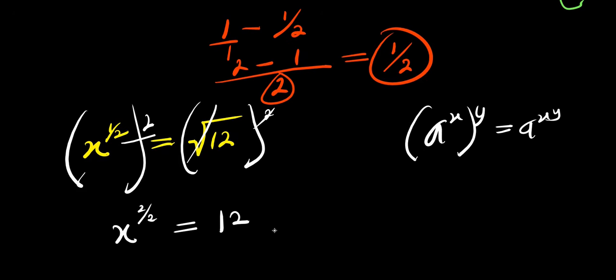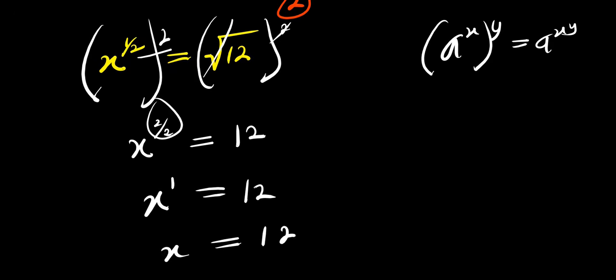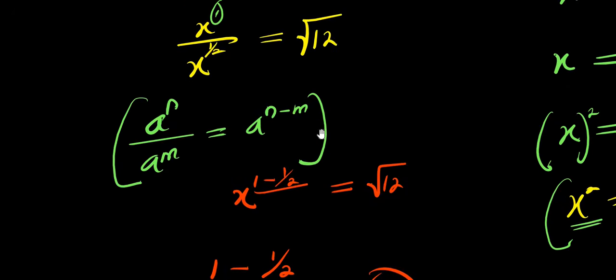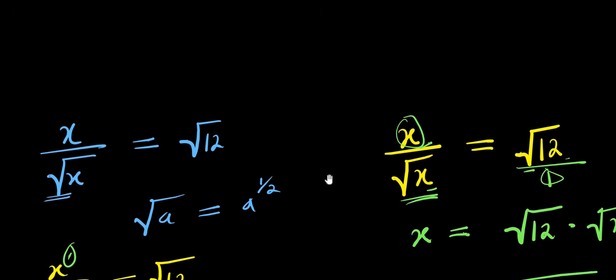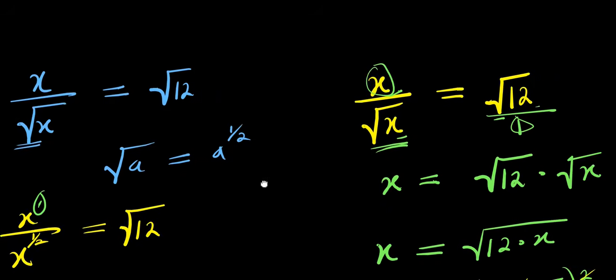And from here, 2 over 2 is 1, and we have x power 1 equals 12, meaning that x equals 12. Now, as you can see, in any of the methods, we are having the same solution. So this is how you can easily solve this exponential problem. It's very simple for you to solve.